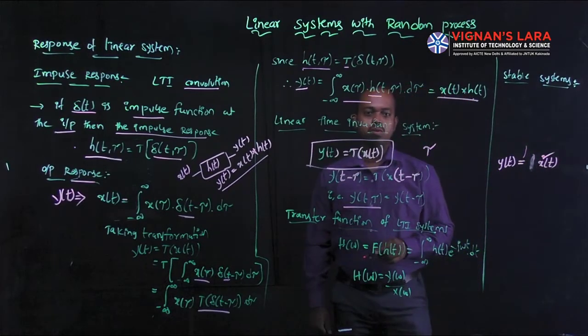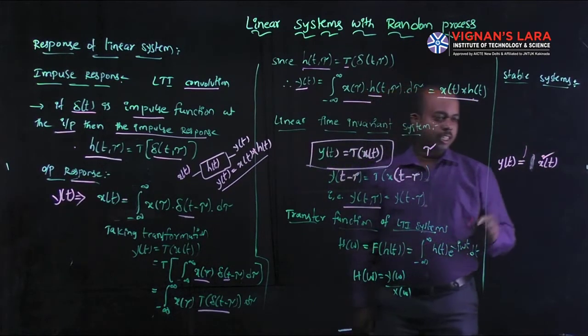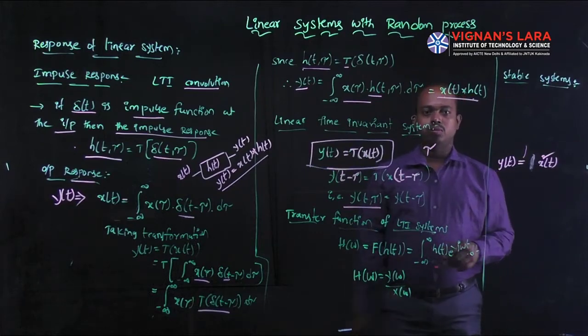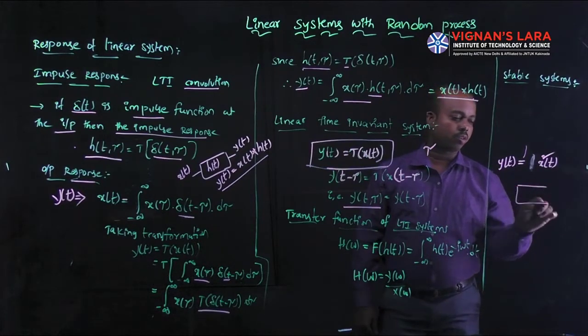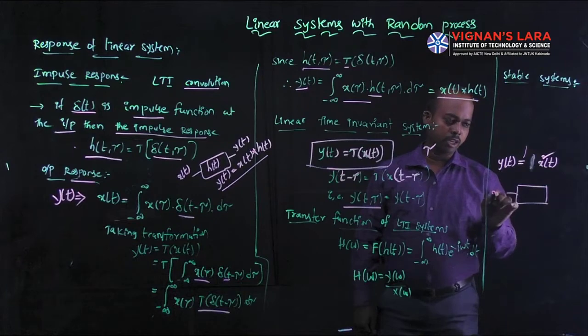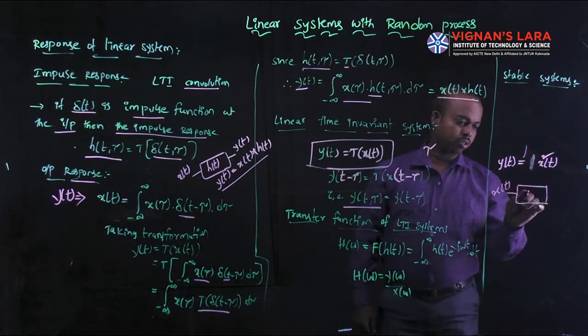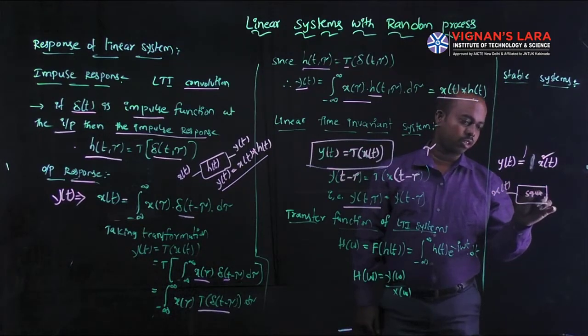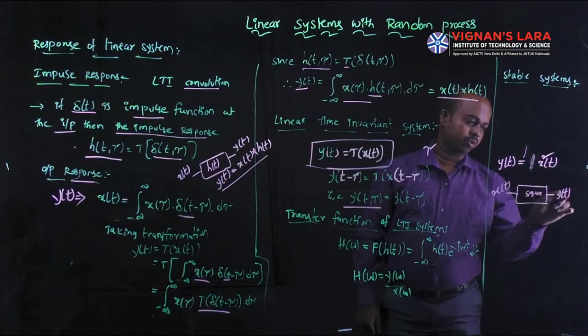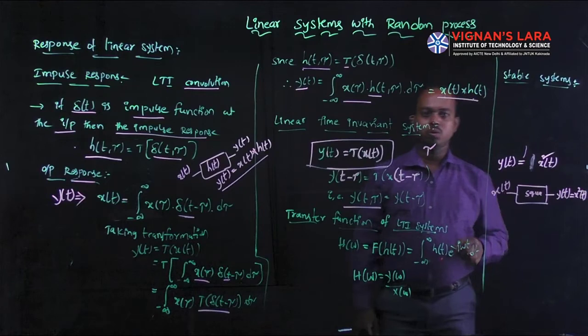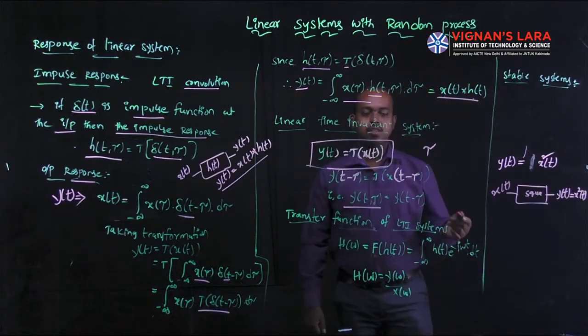Here, the system is a squaring function. The input is x of t, and the squaring system response is x square of t. How do we check whether the system is linear time invariant or not?